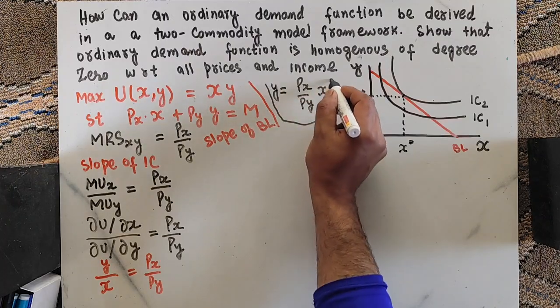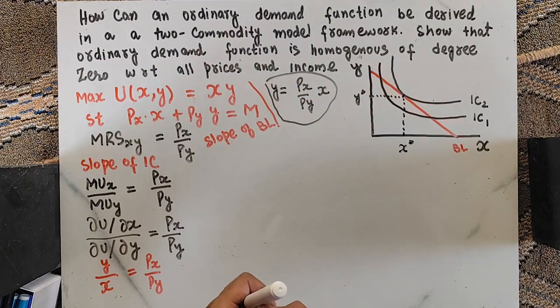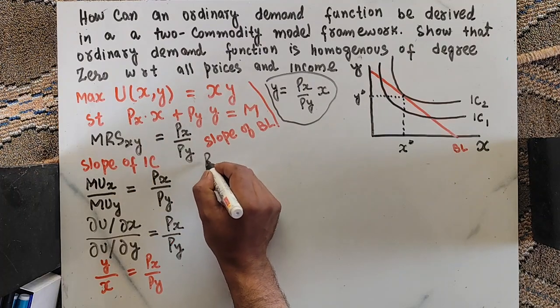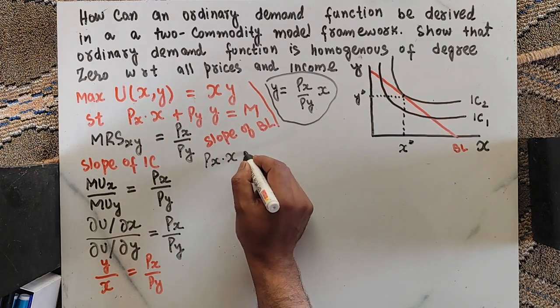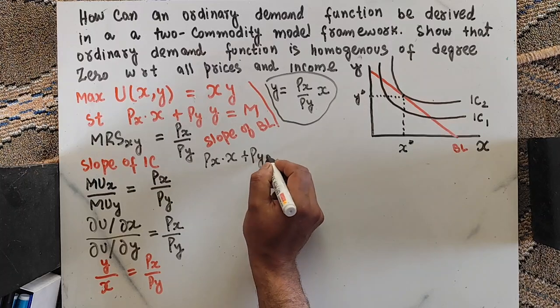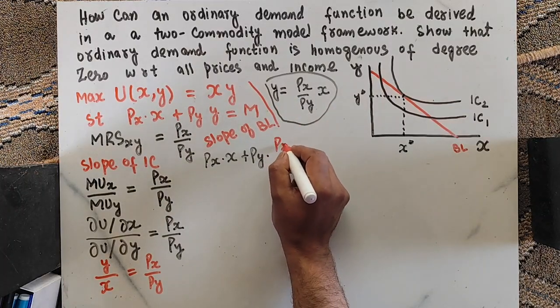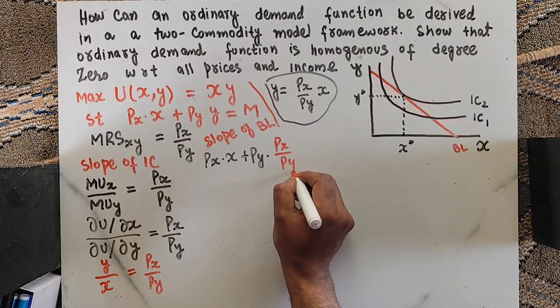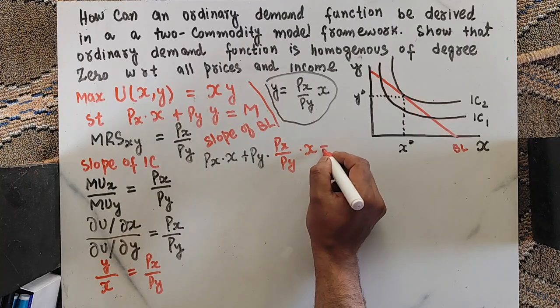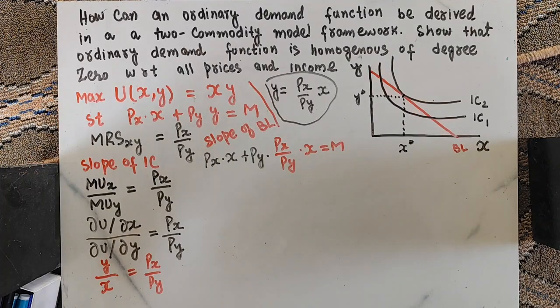Then what will we do? We plug the value of y into the budget constraint. So we have price of x times x plus price of y times the value of y, which is price of x upon price of y times x, and it should be equal to the income of the consumer.